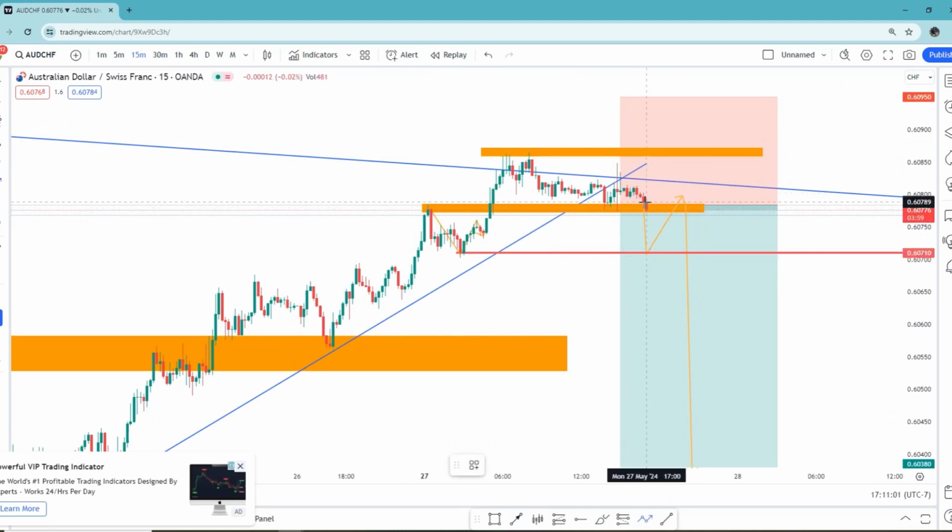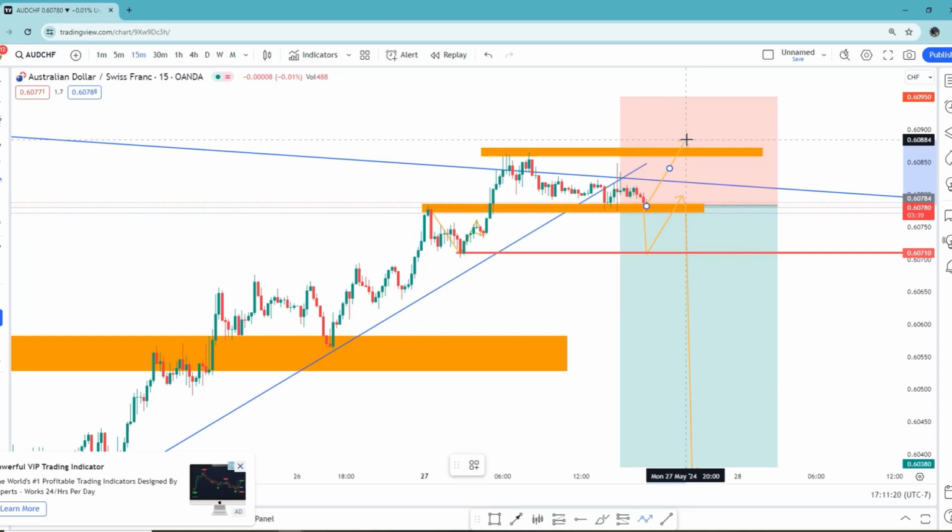right? But by any chance, the market didn't respect this one, maybe it decided to come up to this point. As soon as the market breaks this zone right here, the top one, no matter what, I'm going to take this risk.